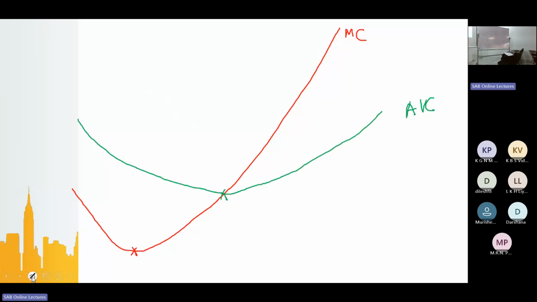And then we have the average total cost. Average total cost behaves like this.